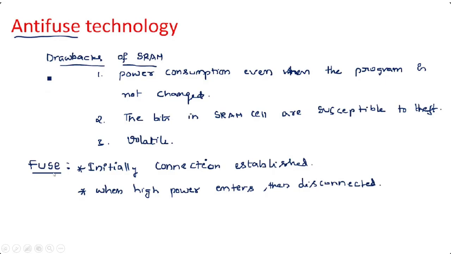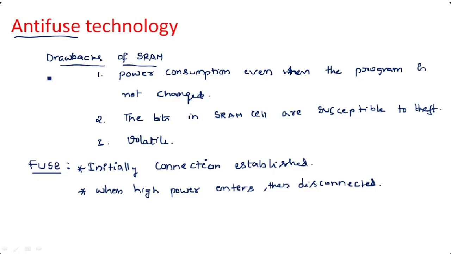Actually, what is fuse technology? Initially, the connection is established, that is a fuse. In your household, there will be a fuse, in stabilizers also you have a fuse. When the fuse is there, you get the supply. Suppose high power enters, what happens?